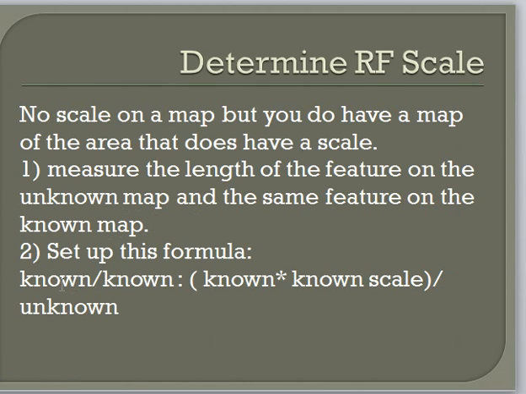Again, so I'm going to take this needs to be a 1 to something, right? So I'm going to take the known map distance divided by the known map distance on the left side of my ratio, and set that up as a proportion with the known map distance times the known scale, and divide that by the unknown distance. It's very tricky. So let's see.